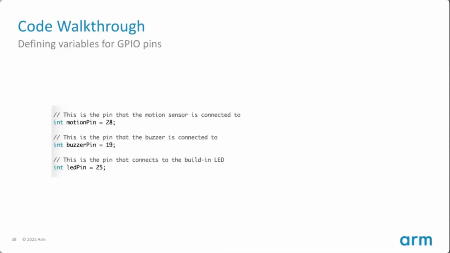And here you see we also have this LED pin connected to GPIO 25. And you didn't see me connect an LED onto this because we're using the built-in LED. The Raspberry Pi Pico has one that's built into the board, and it is connected up to GPIO number 25. So all we have to do is use that, and we don't actually have to put an LED onto our board.